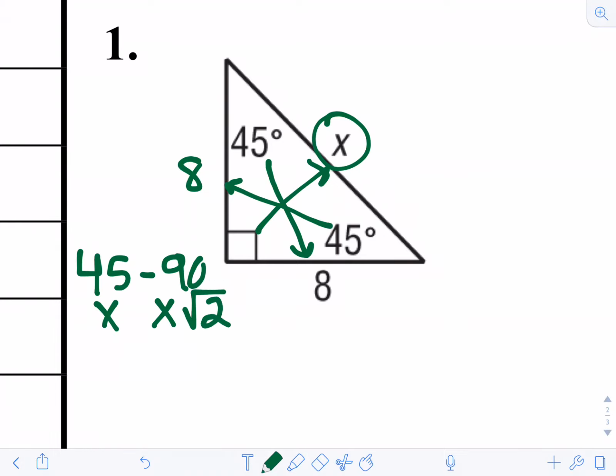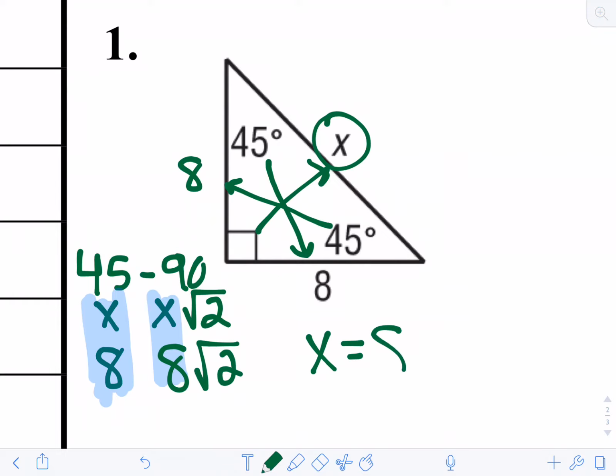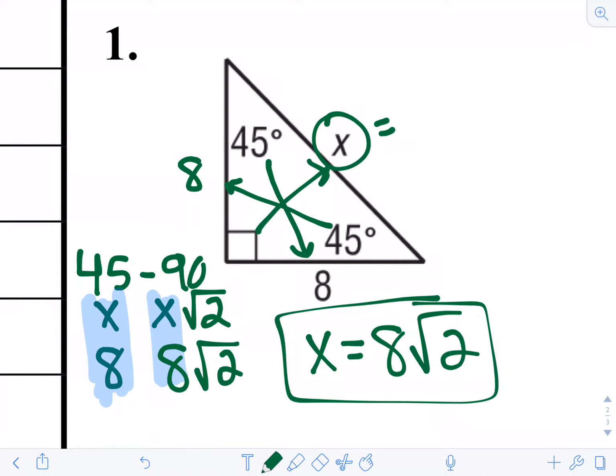Well, I know across from these 45s is 8, so x is equal to 8. So where I see this x, I need to write my 8. And you have a square root of 2, so you just copy down square root of 2. So we know across the 90 is 8 square root of 2.